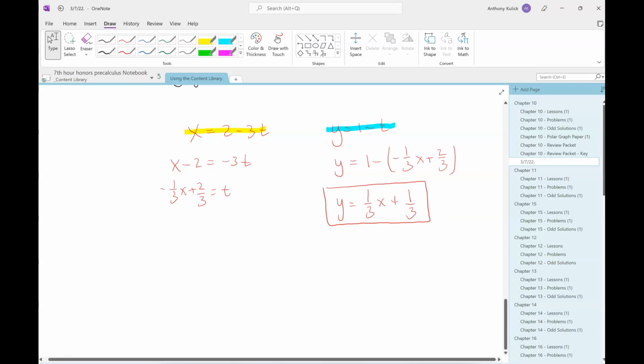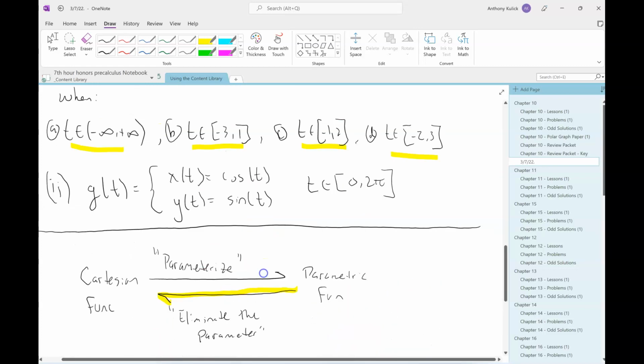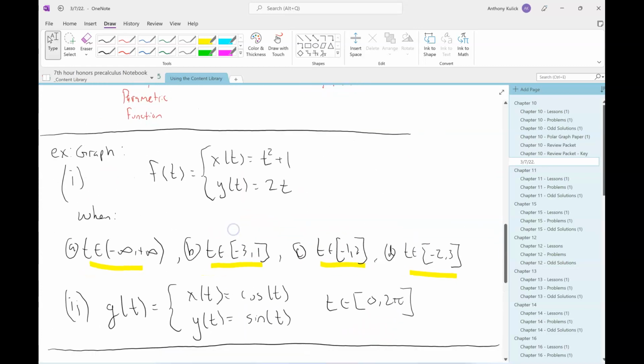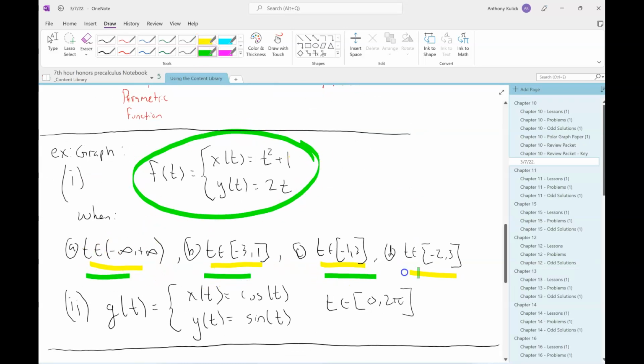However, we're not finished. If you refer back to our first example, when we looked at the graph of this guy here, depending on which interval for our parameter we considered, we got four different graphs that would have had four different domains and ranges, right?